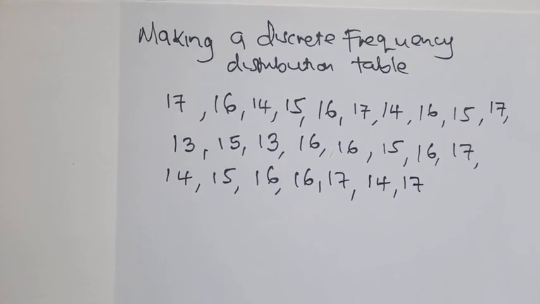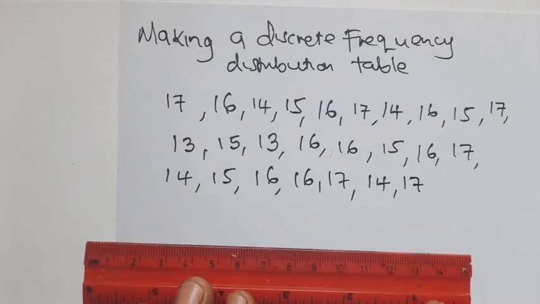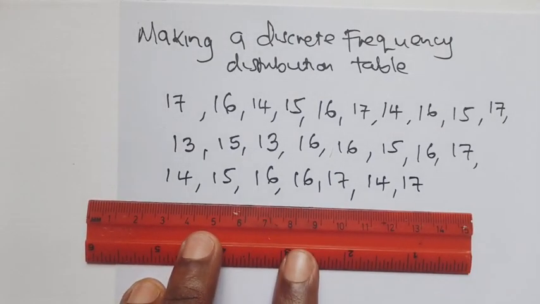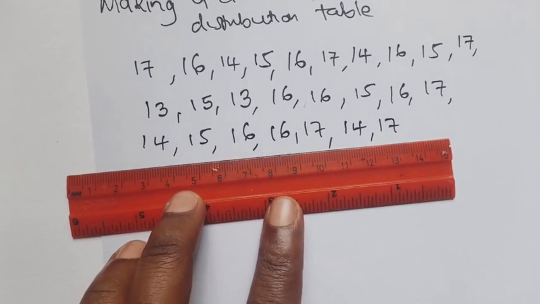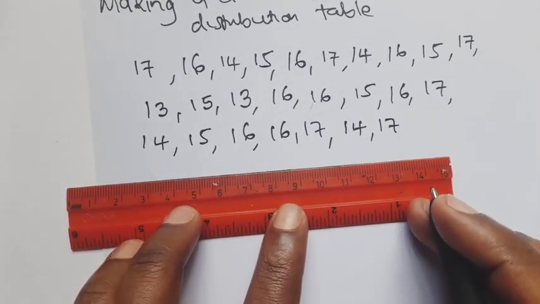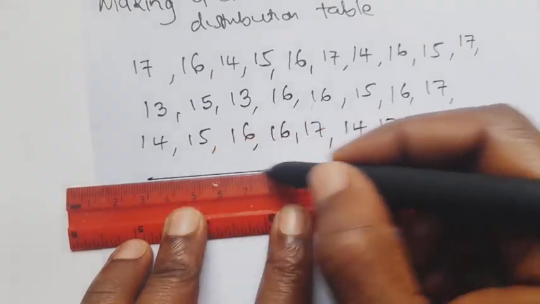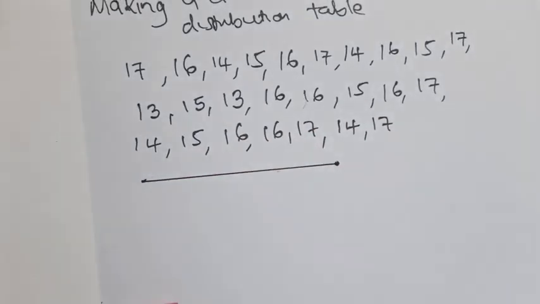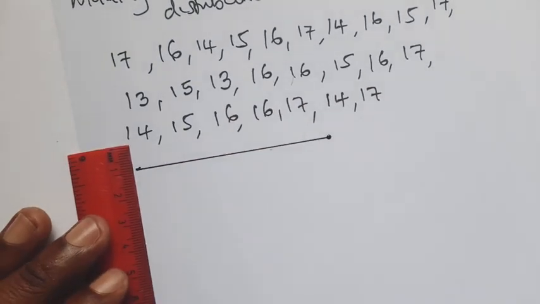So first, before we start drawing it once and for all, our table will just consist of two columns. So let's draw it and see how we can draw the table by putting the data in. This table consists of two columns.